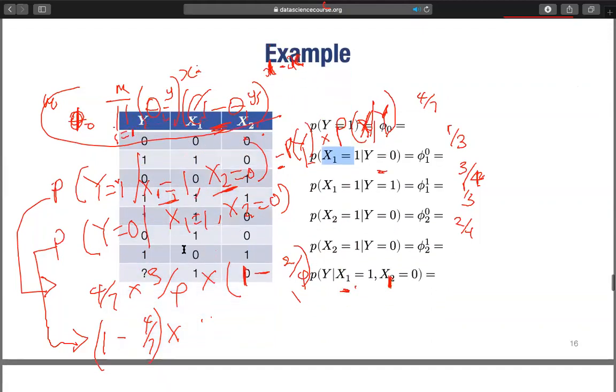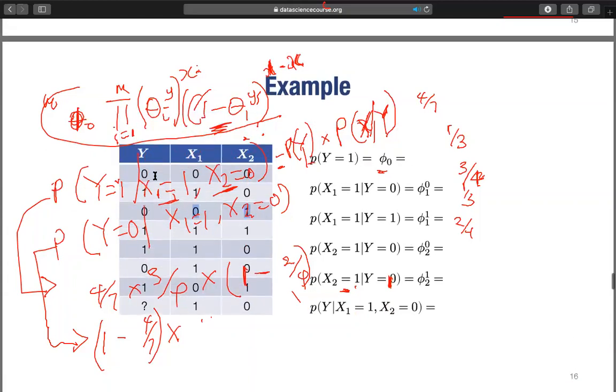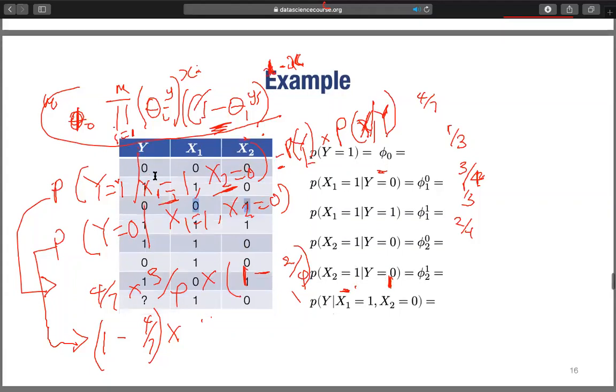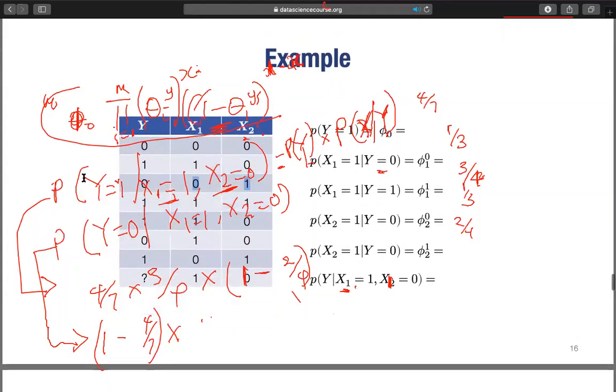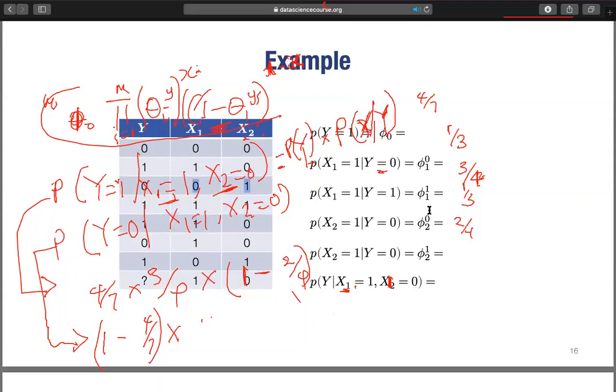Now, already I told you guys, we are doing some calculations here. We are saying what is the probability of y equals 1, given x1 is equal to 1 and x2 is equal to 0. To solve this particular thing I just said, which I wrote here, is not an easy task. So what we are doing subconsciously is that we are actually solving this formula here.